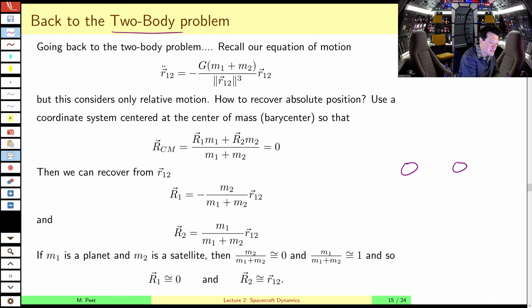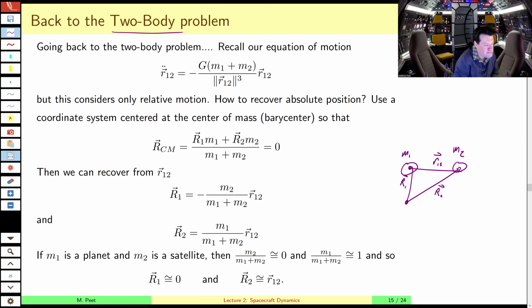That is, we consider the distance from object 1 to object 2. So we don't consider the absolute position of body 1 or body 2 in this coordinate system.